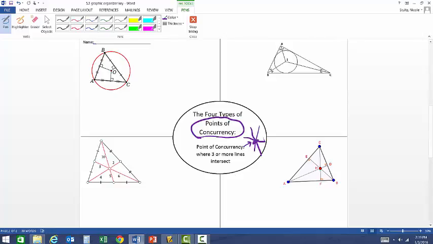So in the first one, we want to identify the types of lines that we see in the picture. And if I look here, each side is bisected, split in half, and these lines are perpendicular. So these are perpendicular bisectors. And what they do is they make a circumcenter.